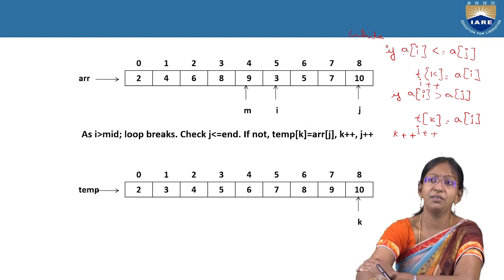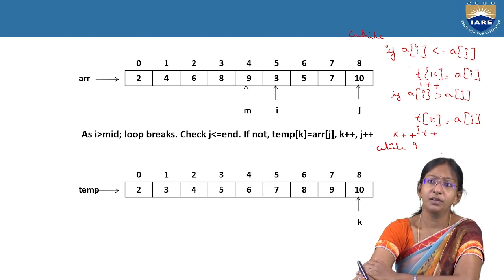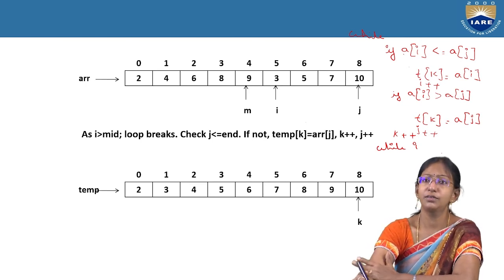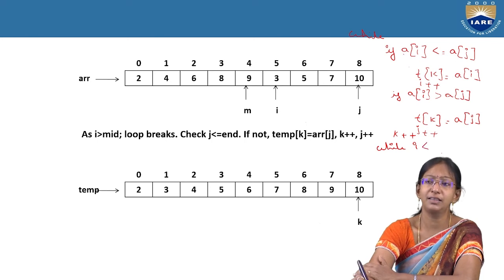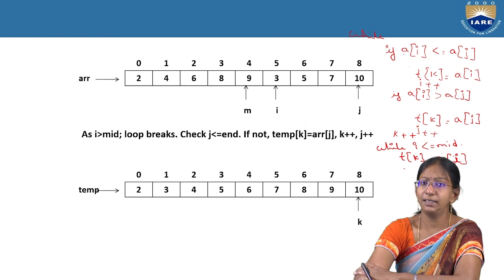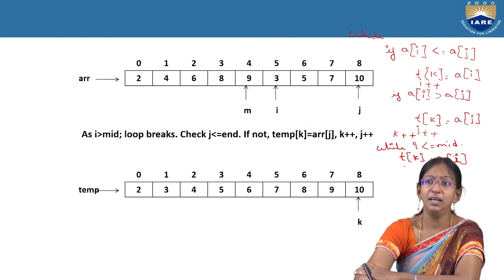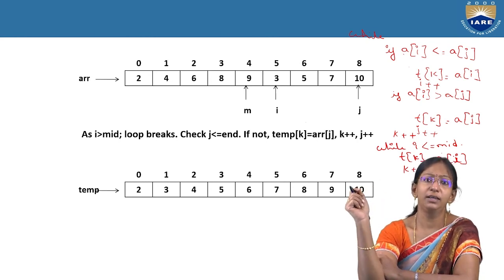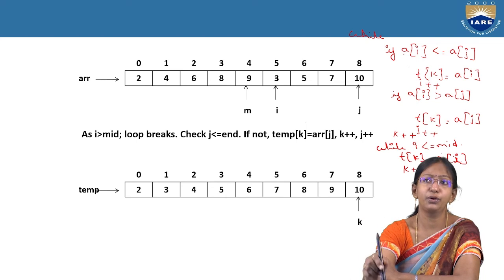If the first list is still having elements, that is a case where while i has not crossed its boundary, is less than or equal to mid, then copy the elements of i into the final sorted list T, and increment k as well as i. Got it? So these are the things which you are going to do.